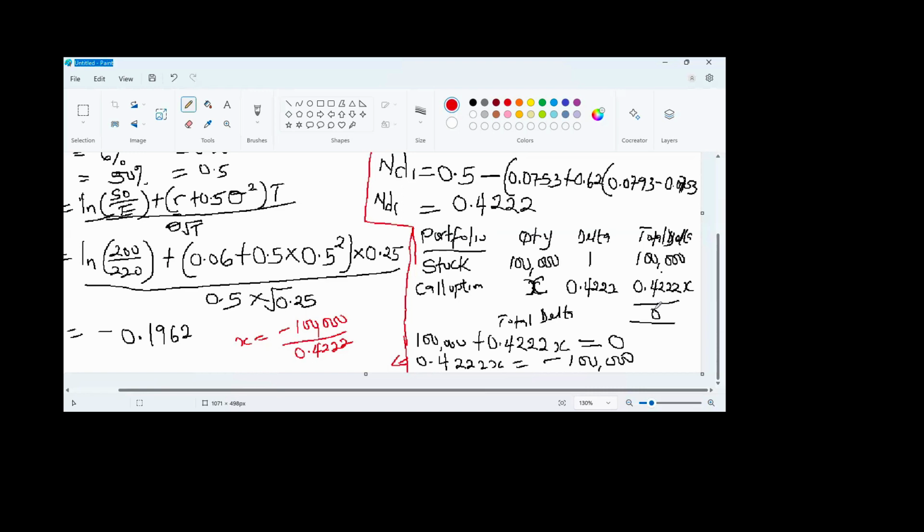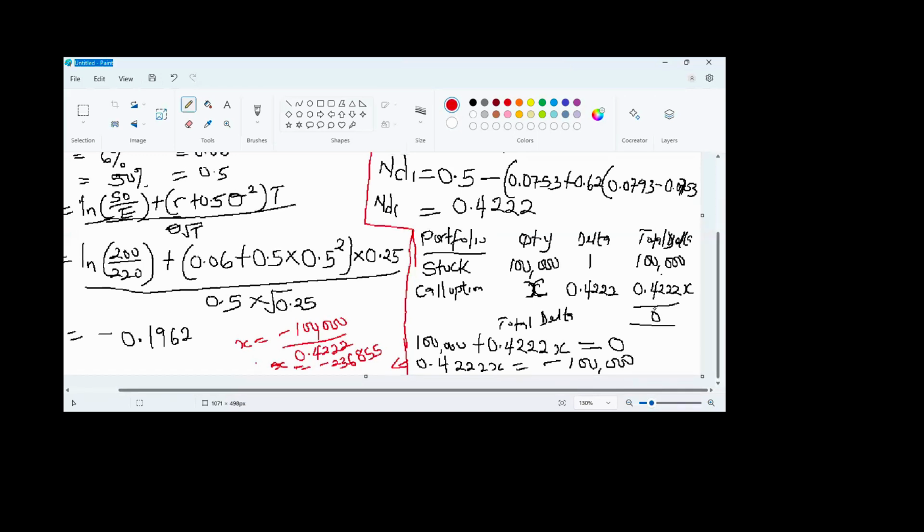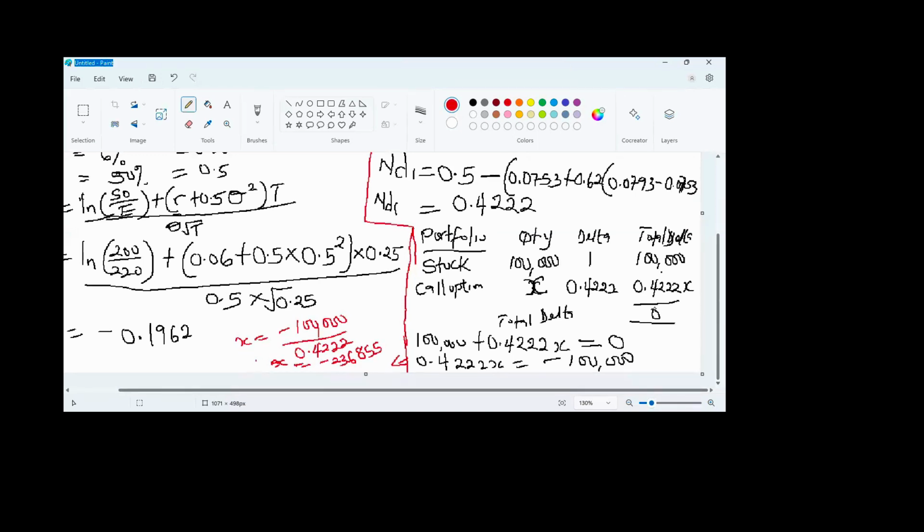Negative 100,000 divided by 0.4222 will give you approximately negative 236,855. That is the number of calls needed, negative 236,855.